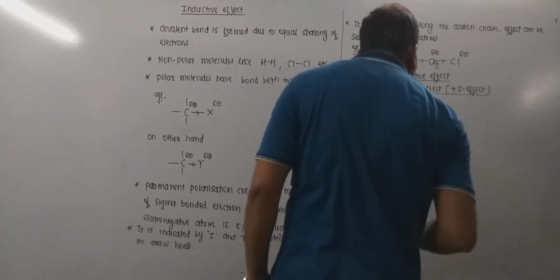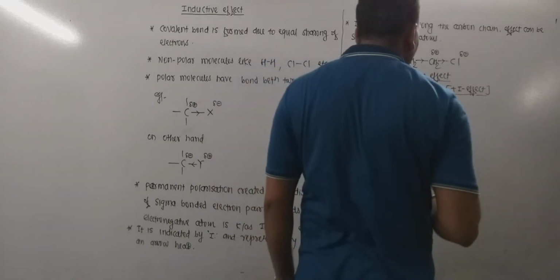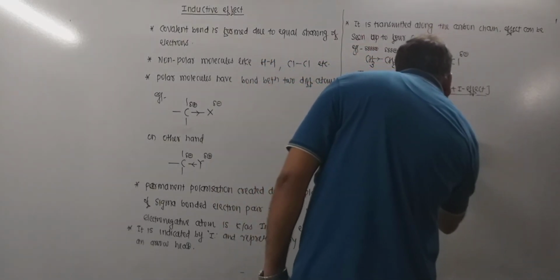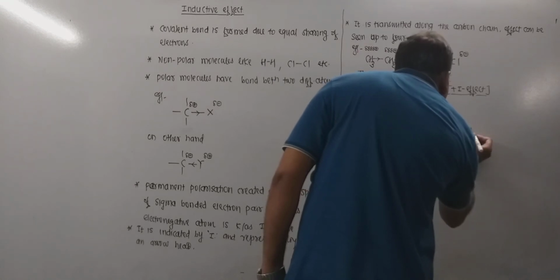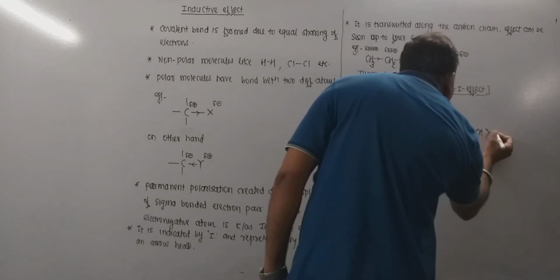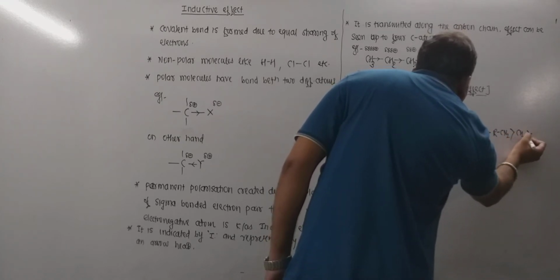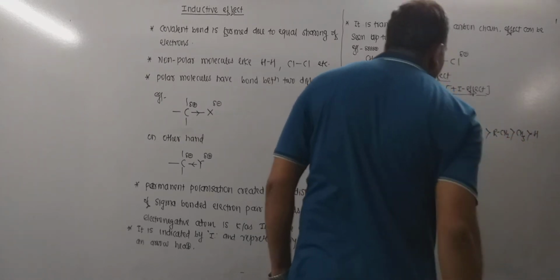Another very important example which can be given, this group is a plus I group as well. Another big thing is R3C, then R2CH, then RCH2, then CH3, and lastly H, that is hydrogen.